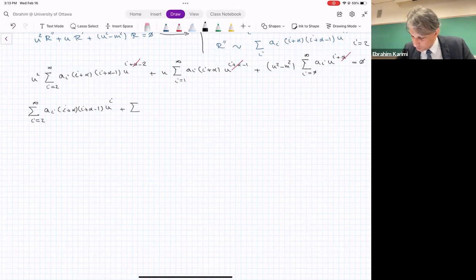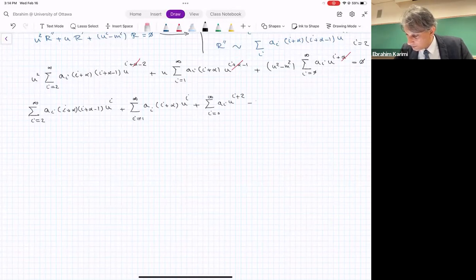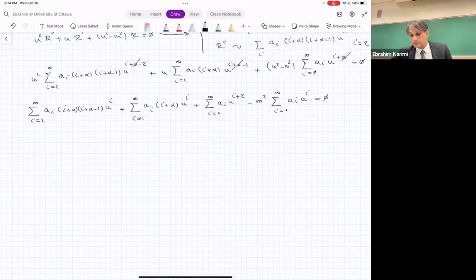Plus the second term will be summation from 1 to infinity of i plus alpha, u power of i, and the last term will be two terms essentially, which will be summation of ai u power of i plus 2, i from 0 to infinity, minus m squared summation of i from 0 to infinity of ai u power of i equal to 0. Good.